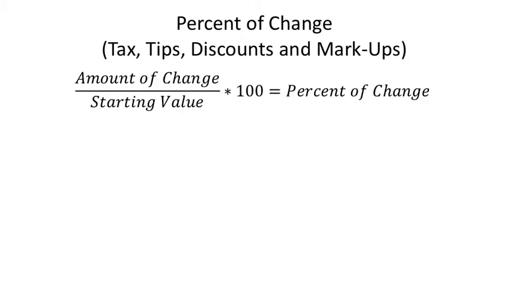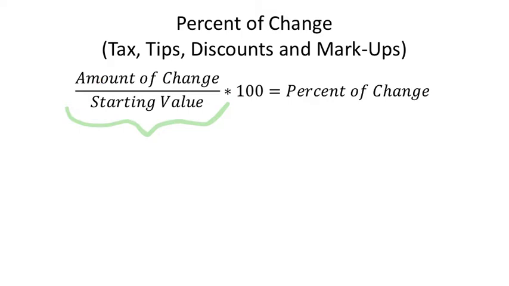All right, so this is how you find the percent of change. It's pretty much a formula for us, but hopefully it makes sense and you wouldn't necessarily need to use the formula. Just looking at this fraction here, there are 2 parts to this fraction. You have the amount of change.